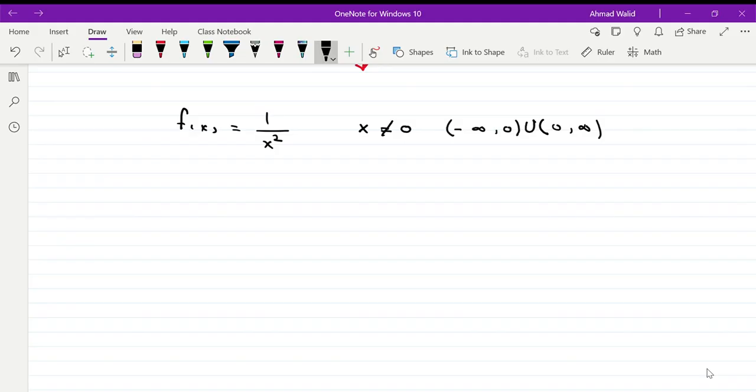Let's graph it. I'll put all the values in one table this time. X, Y. For example, let's use 3, 2, 1, -1, -2, -3.